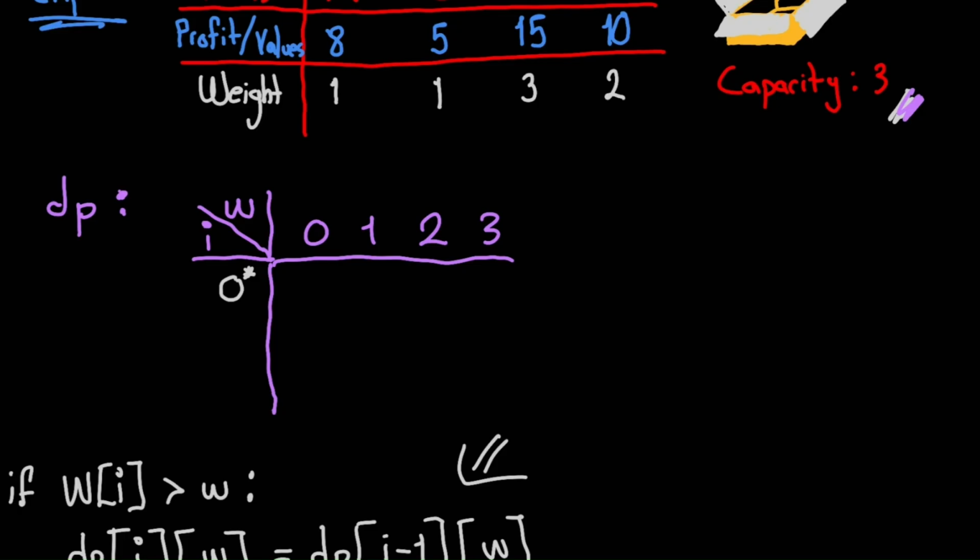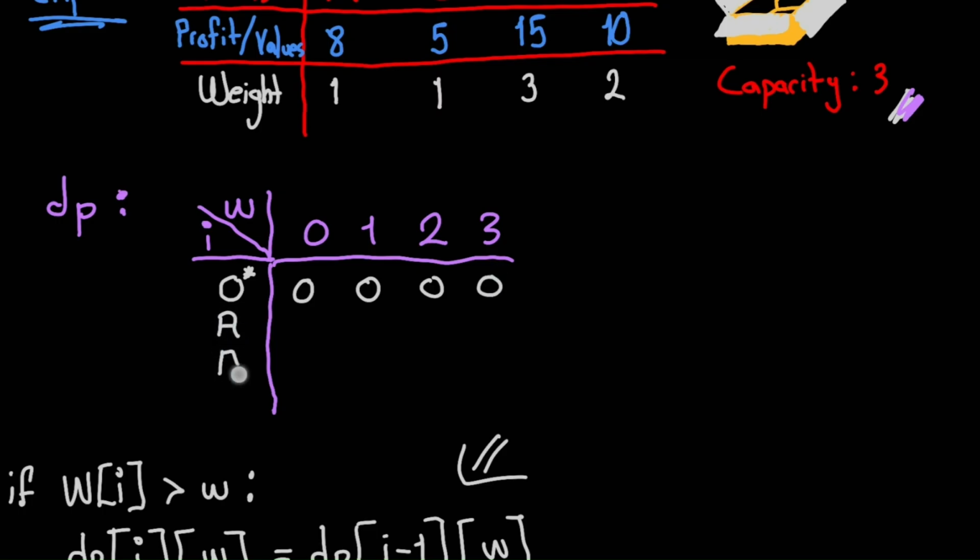However, we have a special case. As you remember, the first row indicates the item 0, which means no items. So that means the value is 0 for all capacities.